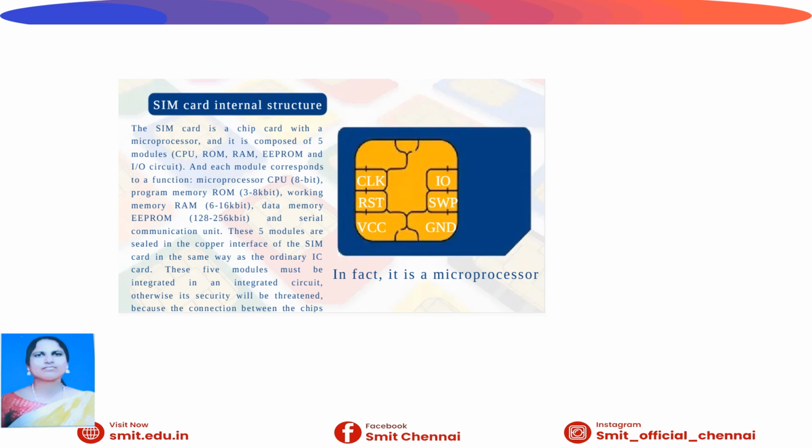Each module corresponds to a function: the microprocessor, program memory of 6 to 16K bit, data memory of 128 to 256K bit, and the serial communications unit. These 5 modules are sealed in a copper interface of the SIM card, in the same way as an ordinary IC card, that is, an integrated chip card. So in fact it is a microprocessor.